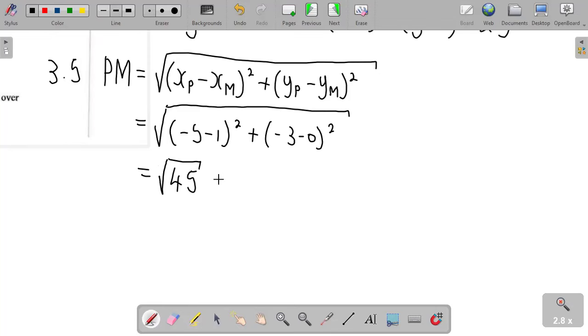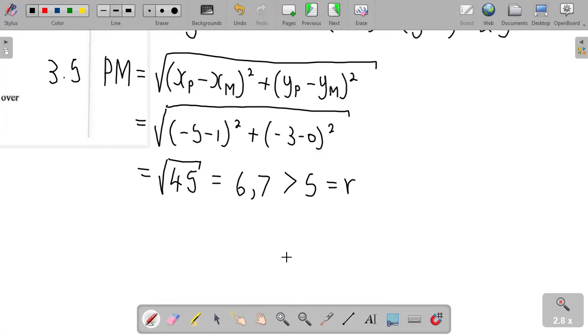And then in decimal form, it gives me 6.7, which is greater than 5. This is greater than 5, which is the radius. So 6.7 is greater than 5, you see.